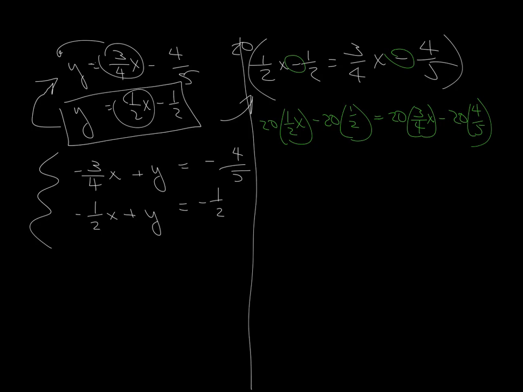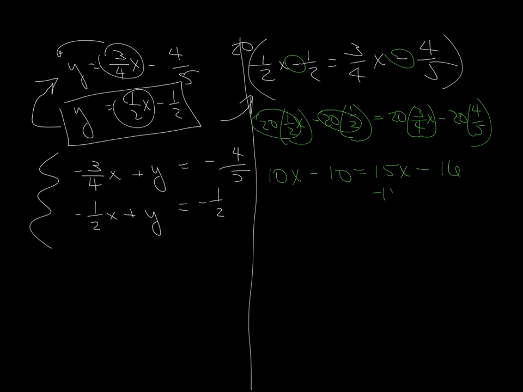They're both minus there. And 20 times 1/2 x is 10x. 20 over 2 is 10. 20 times 3 is 60. 60 divided by 4 is 15. 20 times 4 is 80. Divided by 5 is 16. So there, my fractions are all gone.